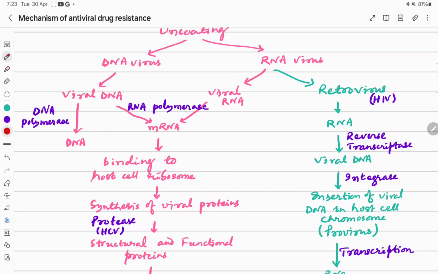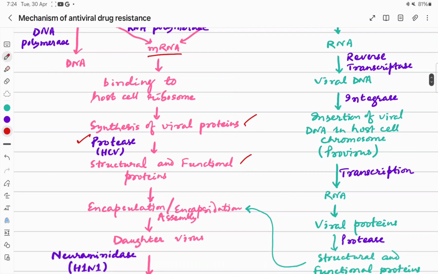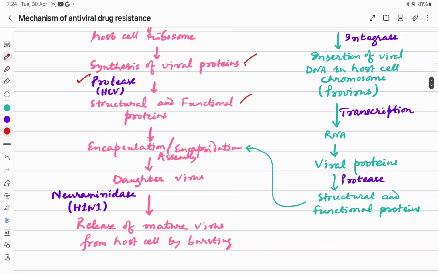By the action of RNA polymerase, there will be formation of messenger RNA, and then that will bind to the host cell ribosome, and there will be synthesis of viral proteins, which are converted to the structural and functional proteins by the action of protease in hepatitis C virus. And then there will be encapsidation, that is assembly, and the daughter virions are released.